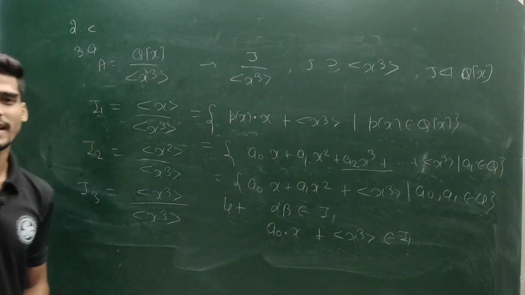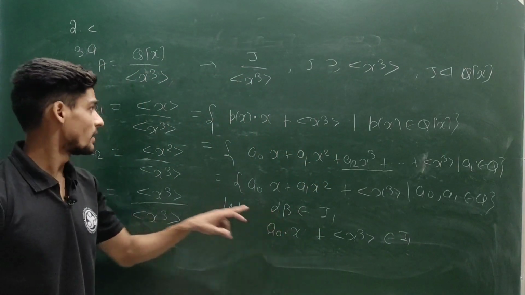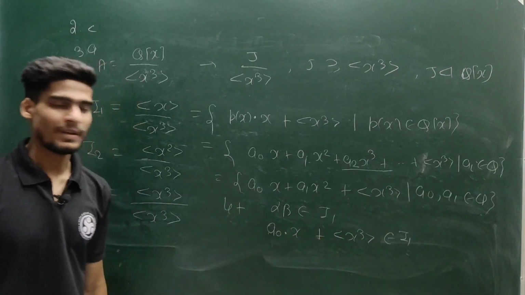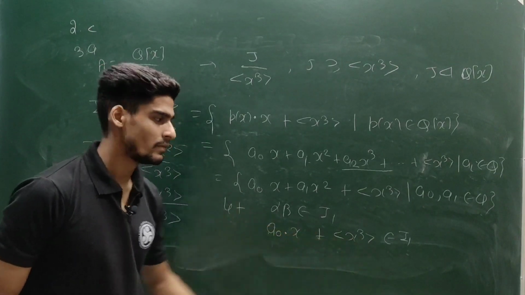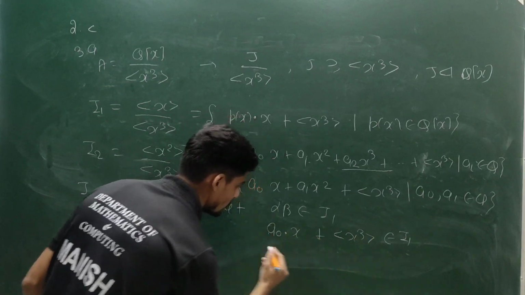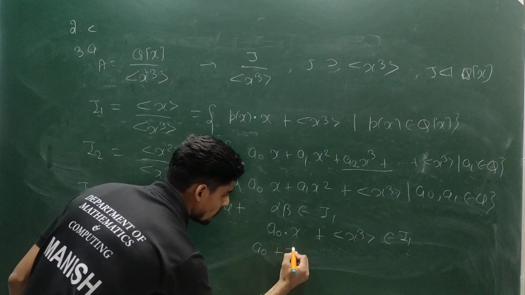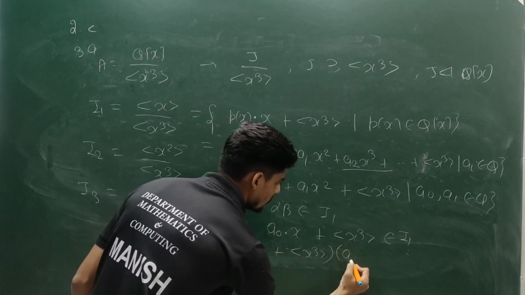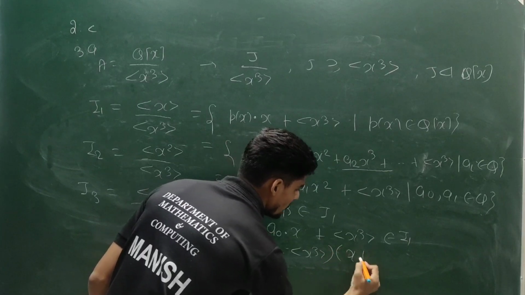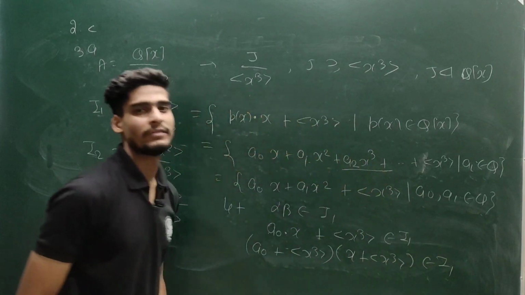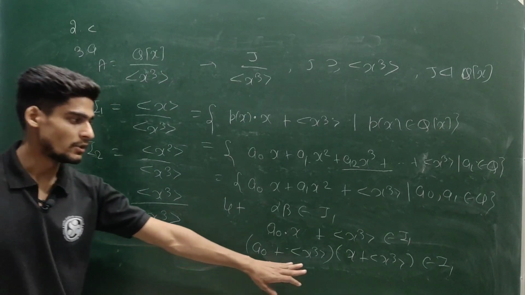This is inside I1, because the member in this ring will be a0x plus x cube inside I1. Clearly this is a member of this. If you write it in this way, a0 plus the ideal generated by x cube, and x plus the ideal generated by x cube is inside I1, that is by the operation of quotient ring.